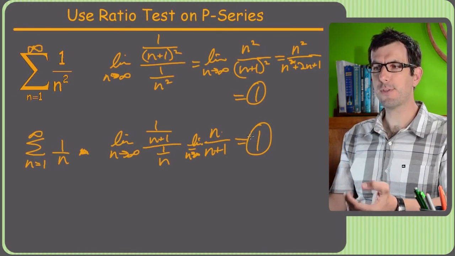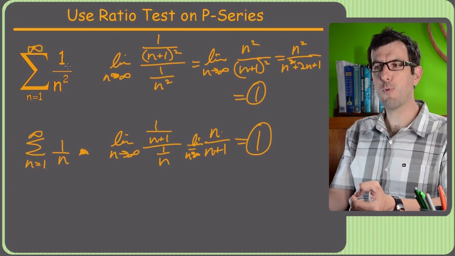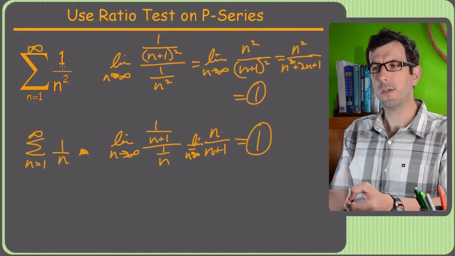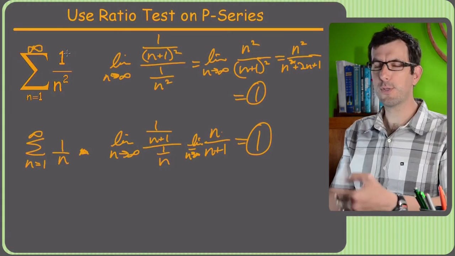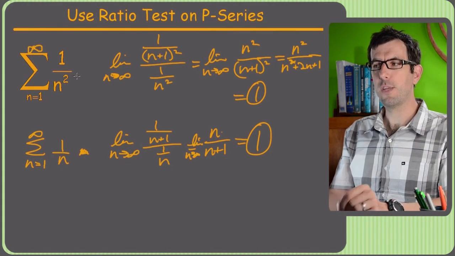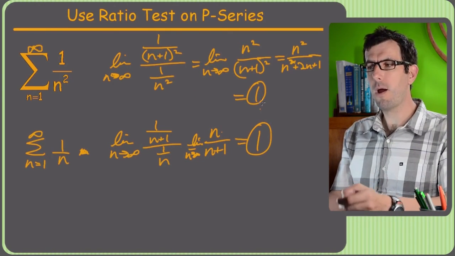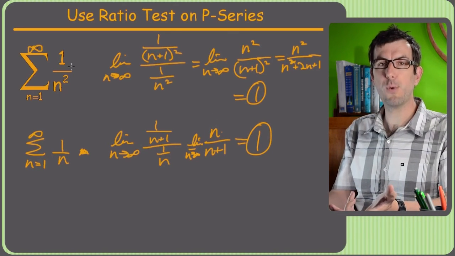So it turns out that there's some series the ratio test doesn't work on, but luckily it's ones that are already really easy to do with other tests, like the p-series test. So if you don't notice something's a p-series right away, and you're sort of using the ratio test for everything, because why not? Because it's easy. And you get 1, very often, the times you get 1 out of your ratio test are times you can very easily solve the problem without even doing any math.